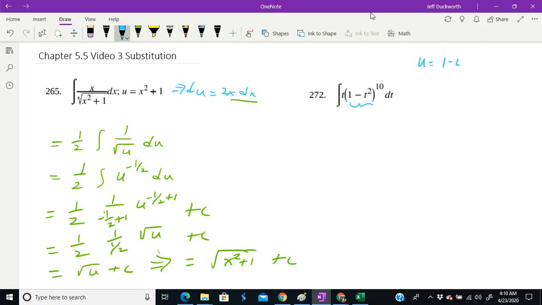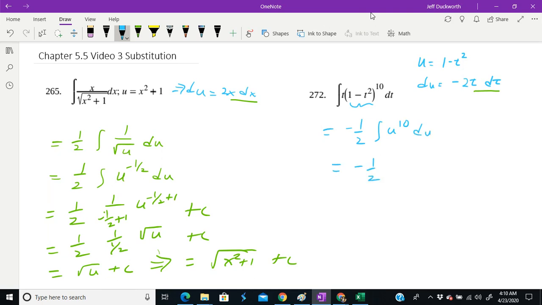So 1 minus t squared, and that makes our du equal to negative 2t dt. Well, again, we've got a t dt outside. We don't have a negative 2, so we have to divide that. So we're going to have a negative 1/2 on the other side. So this equals negative 1/2 integral of u to the 10th du.